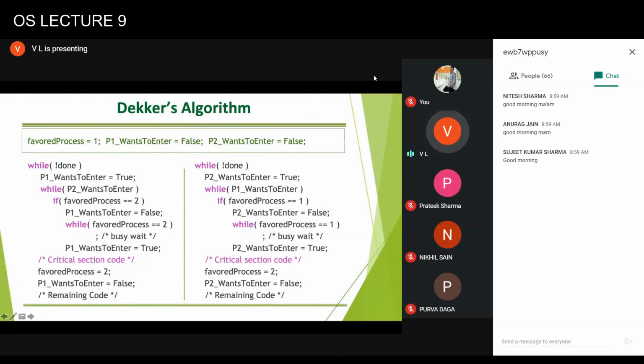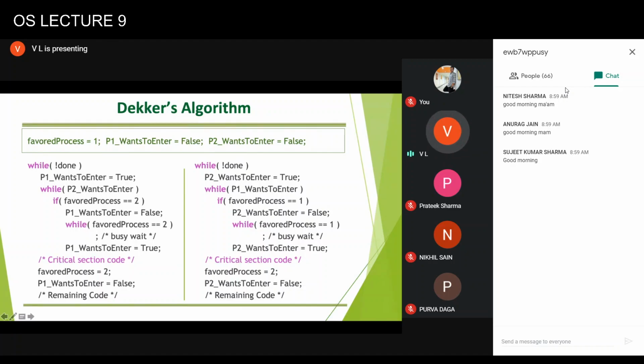If P2 doesn't want to enter the critical section, then naturally the favored process was not 2. So let's say initially the favored process is equal to 2. P1 wants to enter. It will find that the favored process is equal to 2. It will enter this while loop only if P2 wants to enter. So if P1 wants to enter and the favored process is equal to 2, but P2 is not willing to enter the critical section, naturally this while loop will be false and P1 will continue to the critical section.